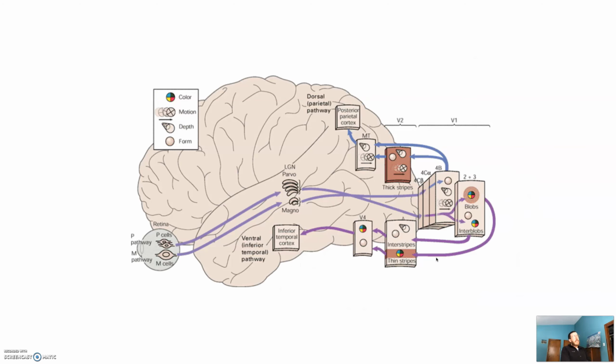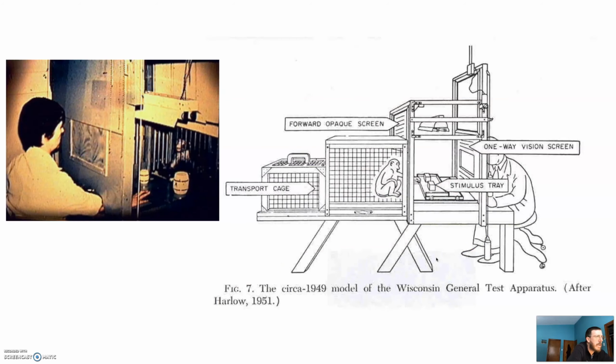The evidence for all of this is now almost over 60 years old, and it comes from studies of monkeys and human lesions as well. The studies of monkeys were done at the University of Wisconsin, the same university as the author of our textbook, and they were done using an apparatus like this.